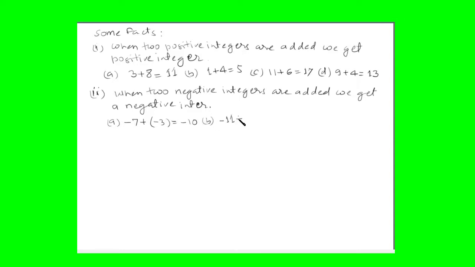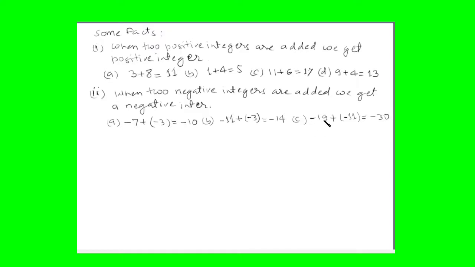Minus 11 plus minus 3, which is minus 14. Minus 11 is a negative integer, minus 3 is a negative integer. When both are added, we get minus 14, and minus 14 is also a negative integer. Minus 19 plus minus 11 equal to minus 30.